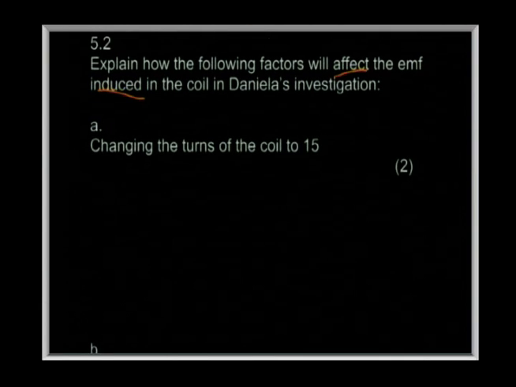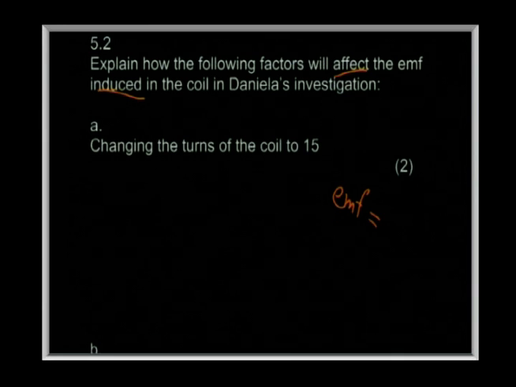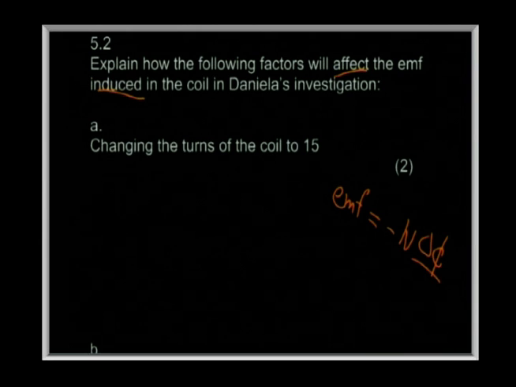Now, before we do that, let's just make sure that we remember what the Faraday law equation is. EMF is equal to minus the rate of change of magnetic flux, which we're going to write like that.